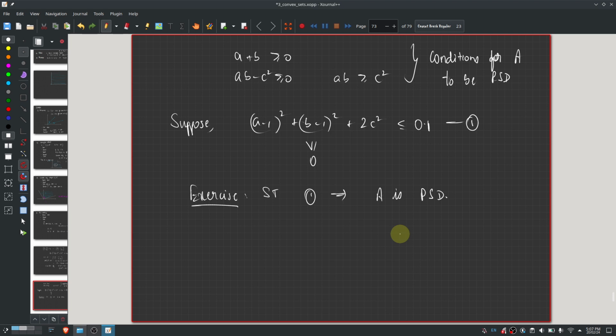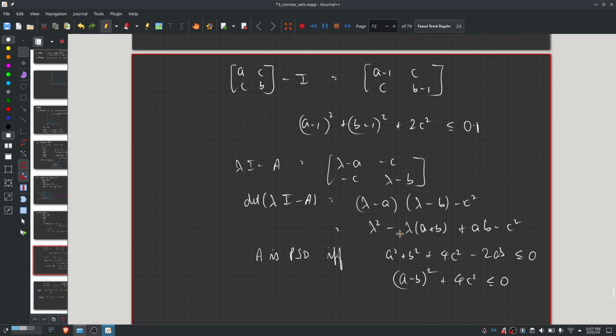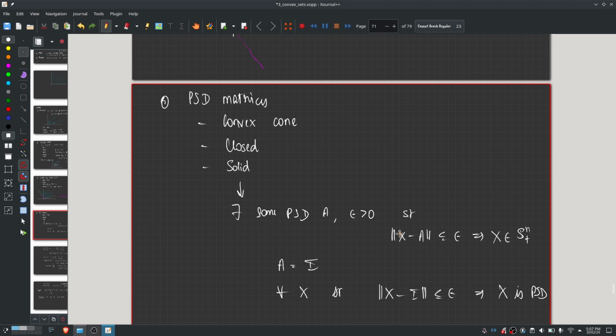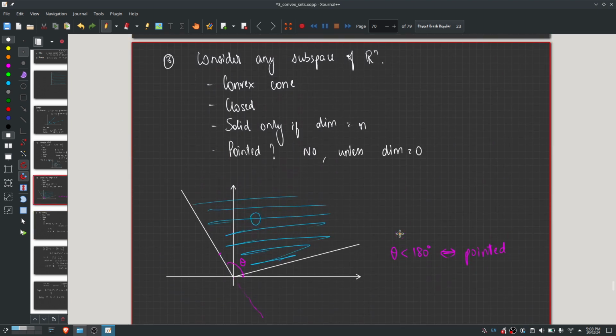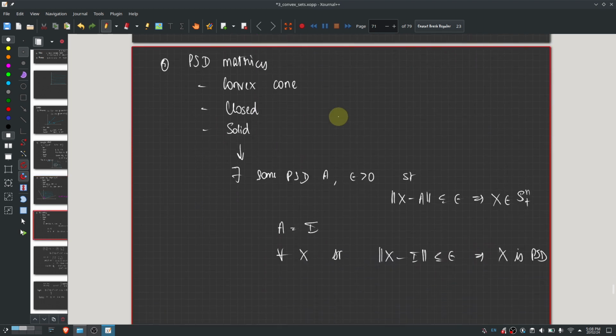In fact, what you can also show is that if you take the set of all positive semi-definite matrices, the interior essentially just becomes the set of all positive definite matrices. So in fact, in order to prove that the set of all positive semi-definite matrices is solid, I don't necessarily have to take the identity matrix.